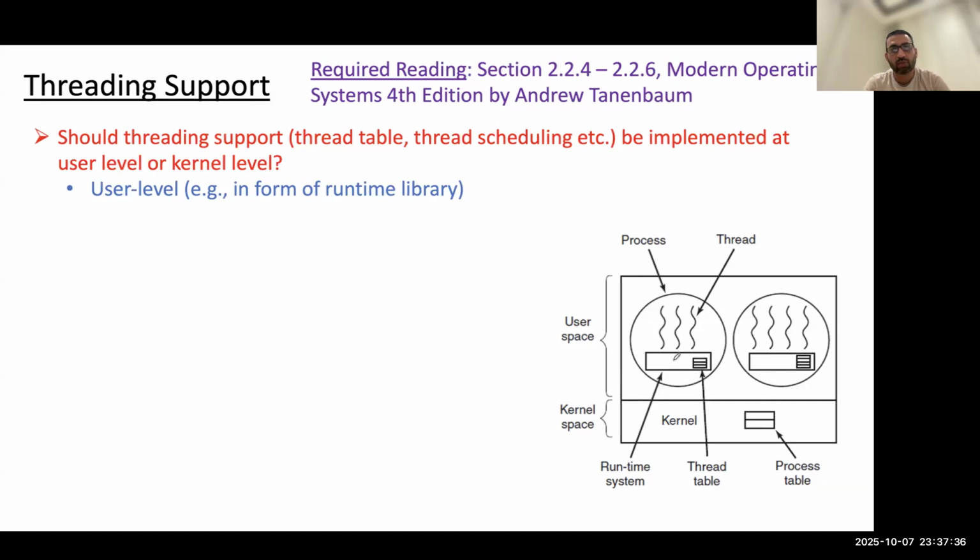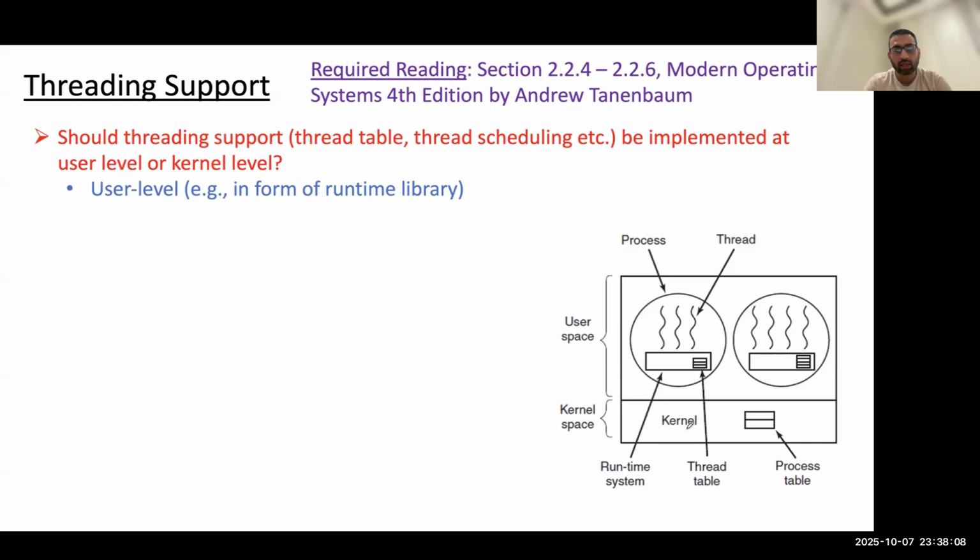This runtime system is basically that runtime library, right? And that runtime library, as I said, will be responsible for creating, terminating, scheduling, and context switching threads. And in order to do that, it needs to maintain a thread table, right? Which gives all the metadata about the thread. And when we say metadata, it means the stack information, the program counter, the general purpose registers, right?